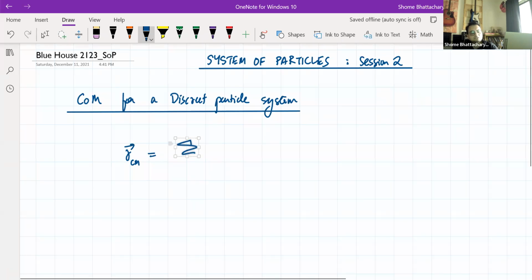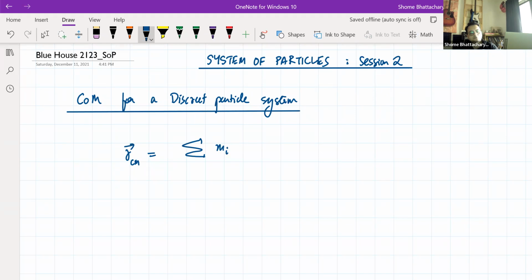So that is a summation. Because it's a weighted mean, it is summation of mass into position divided by summation of mass or total mass.